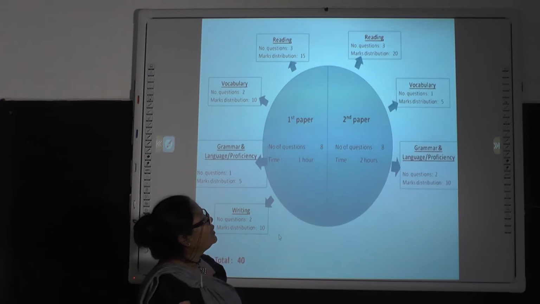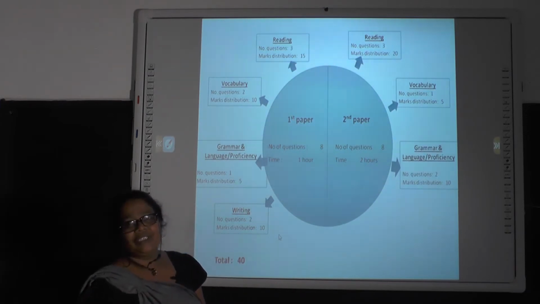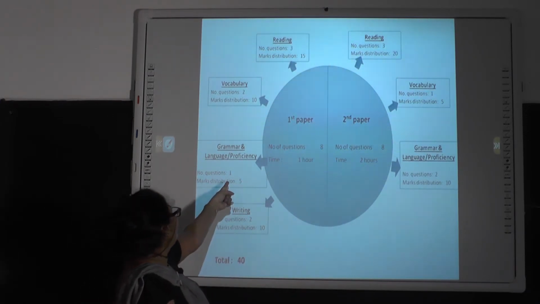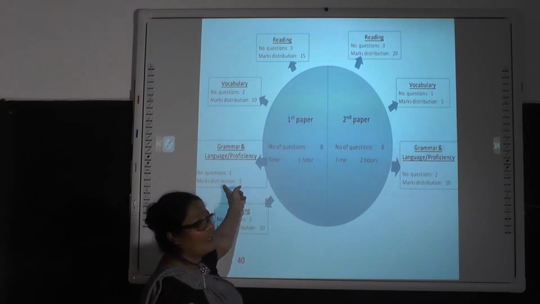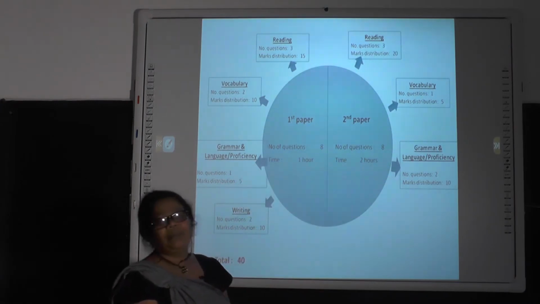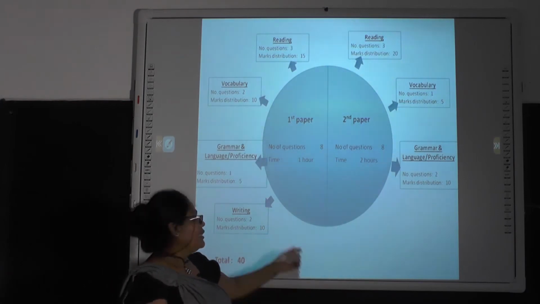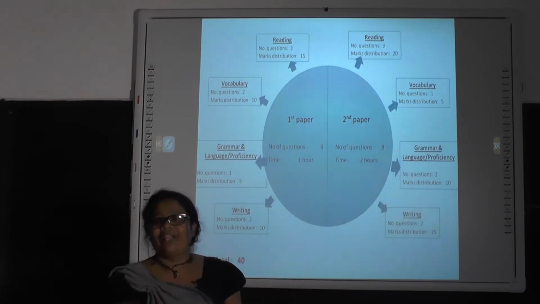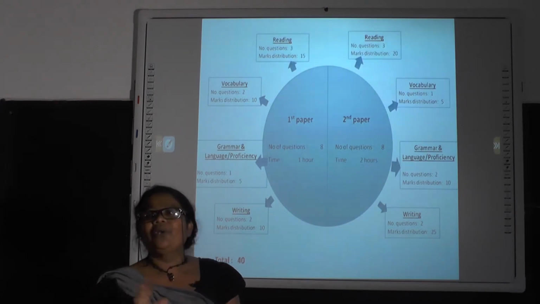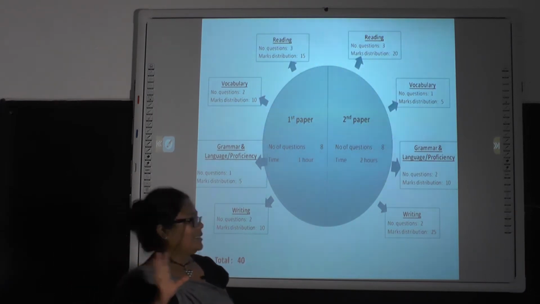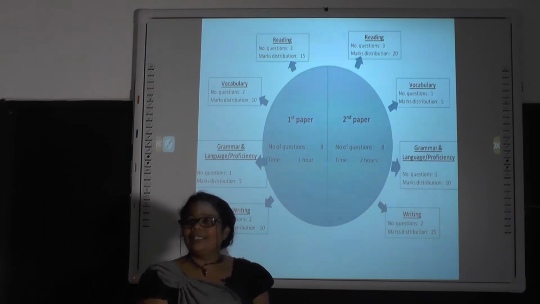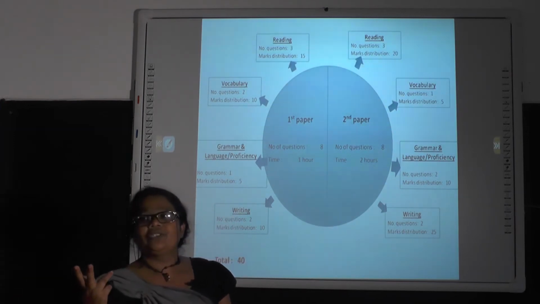And the grammar and language proficiency. Here in the first paper there is only 1 test. In the second paper there are 2, which means you can earn 10 marks. The final one is writing, the area you may not like to touch. Under writing, how many questions appear in paper 2?